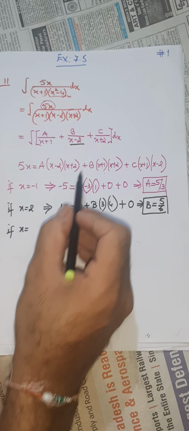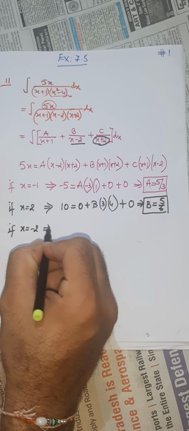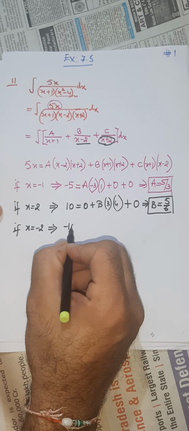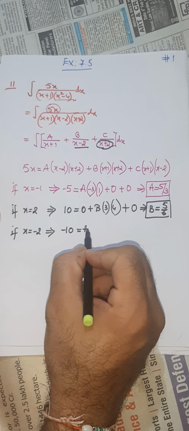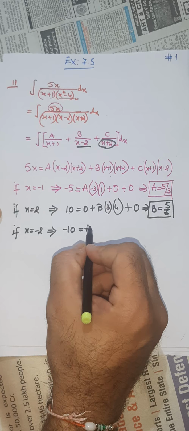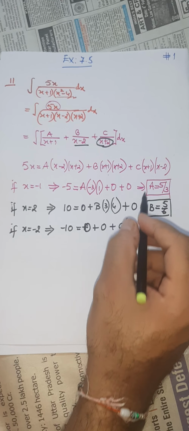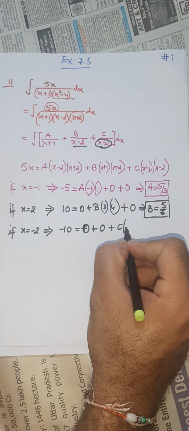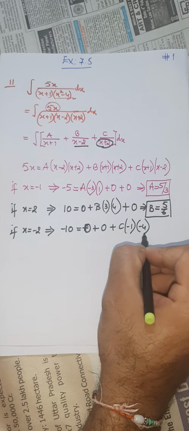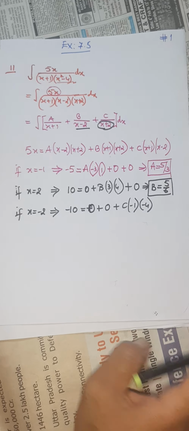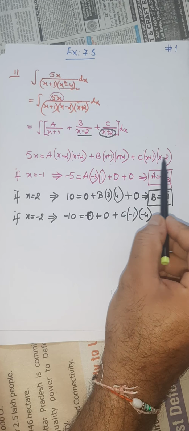If x is next, in such a way that this becomes 0, that is minus 2. So left hand side is minus 10, 5 into minus 2. A into, if you put minus 2 here, this is 0. Minus 2 here, this is also 0. C into minus 2 plus 1, which is minus 1, minus 2 minus 4, which is minus 4.